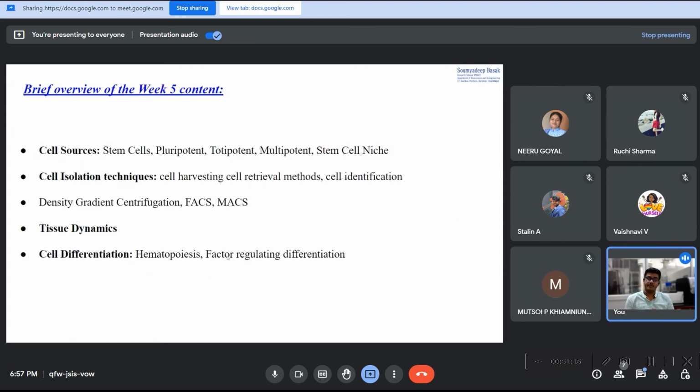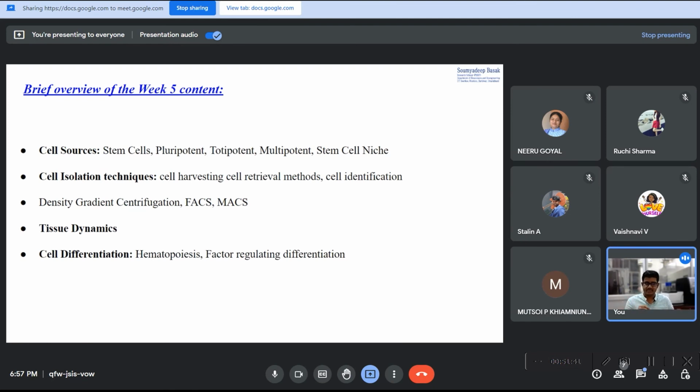Alright. Then in week 5, we talked about cell sources, stem cells particularly. What are the various kinds of stem cells, pluripotent, multipotent, stem cell niches, how they are important, how various stem cell niches change their differentiation pattern, right? Then cell isolation techniques, cell harvesting, cell retrieval methods, cell differentiation, cell identification techniques, right?